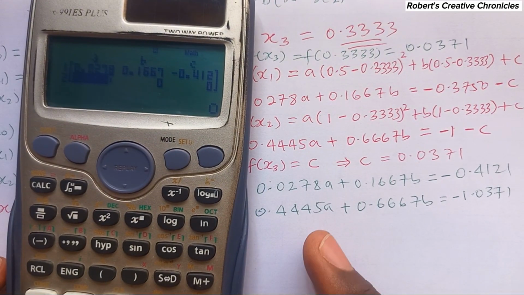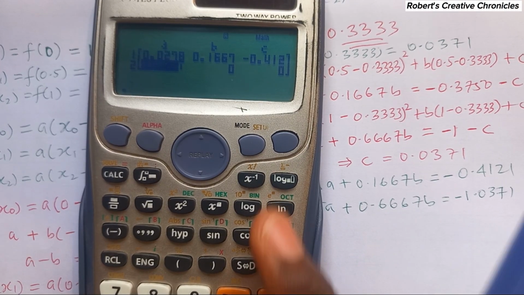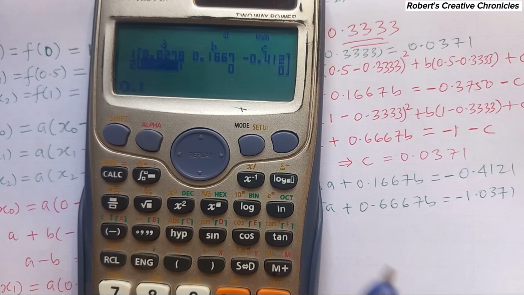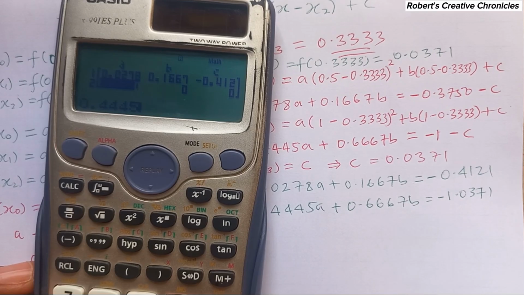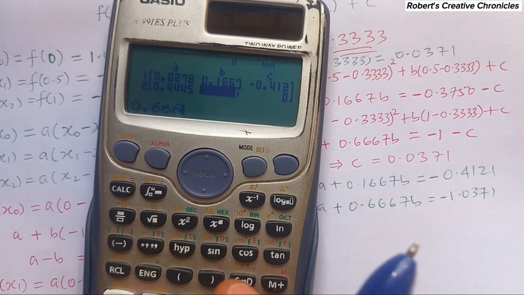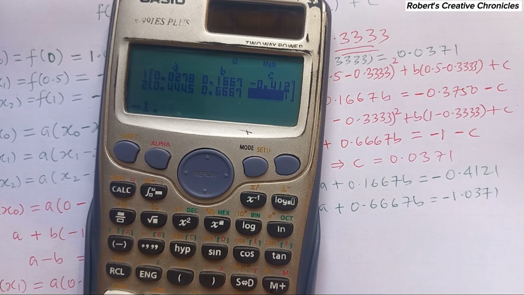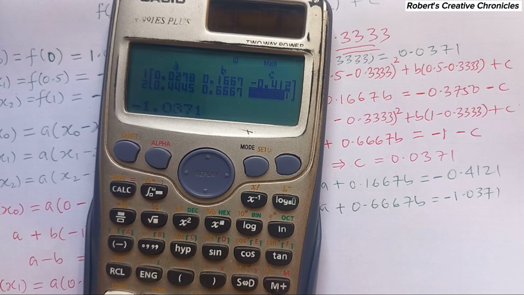Then this is 0.4445, 0.6667, then negative 1.0371.